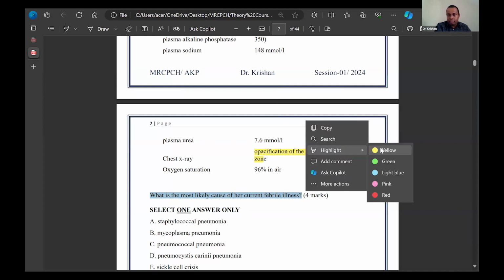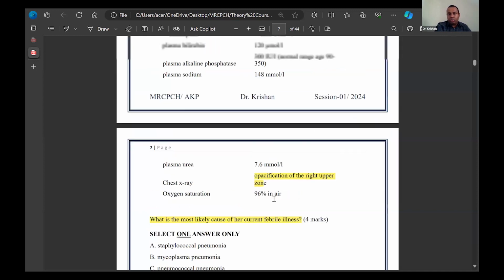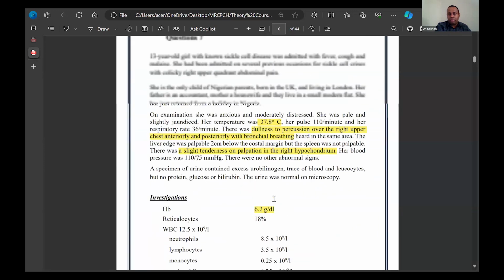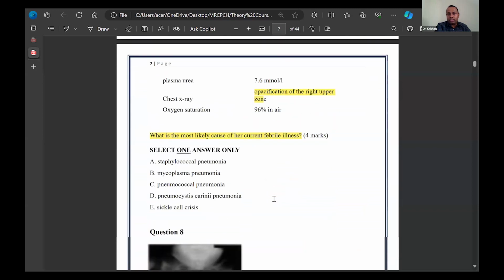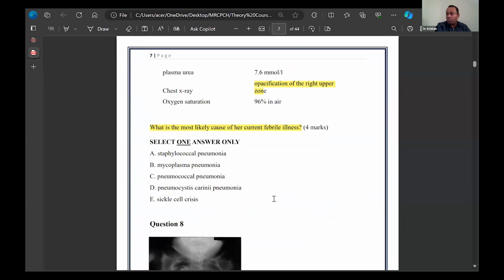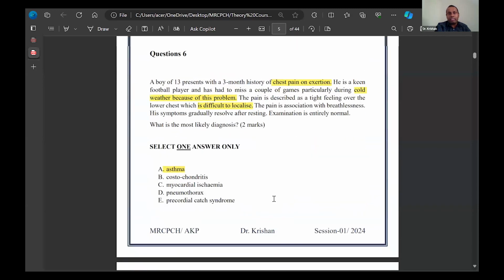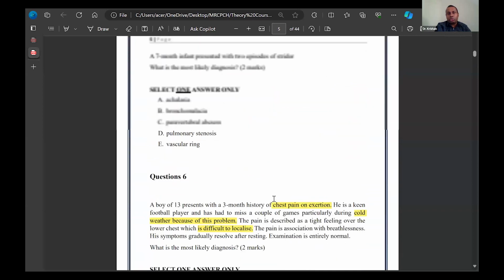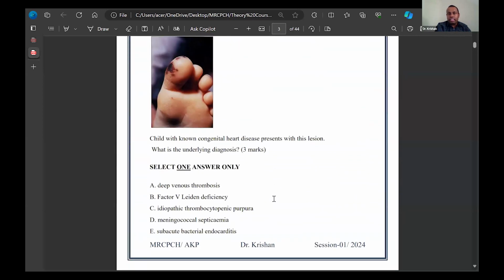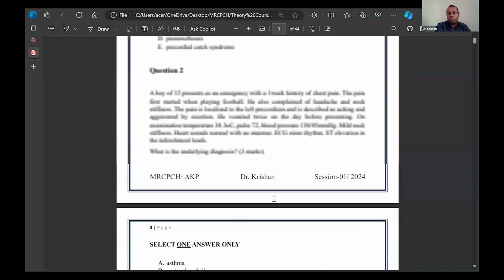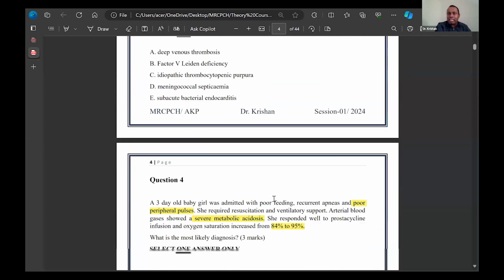Okay. Now, before we go to answer this question, do you see the length of this question, this long? We need to read word by word. Whereas these questions are short.